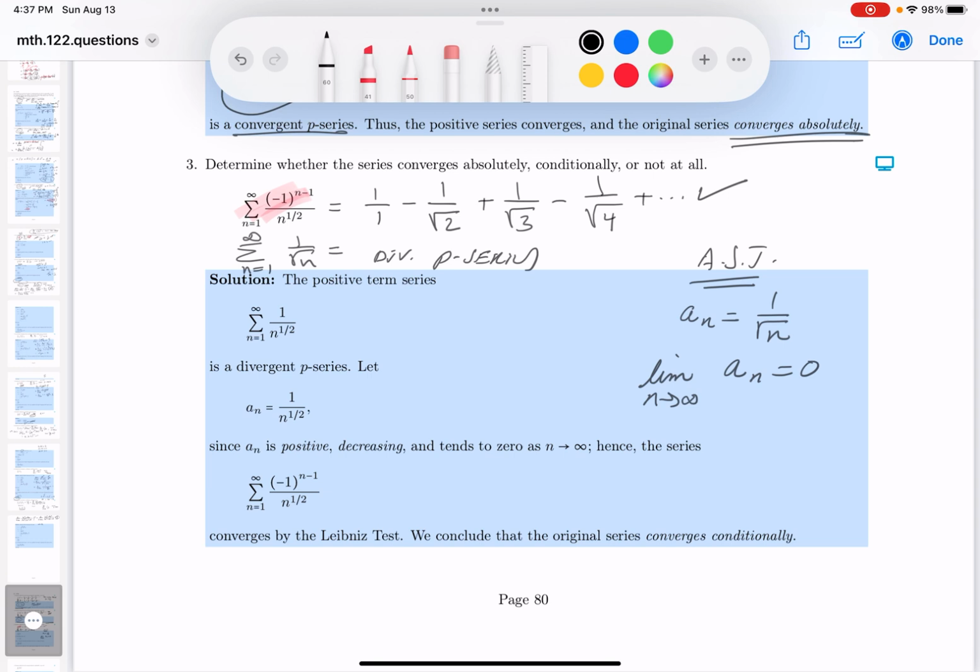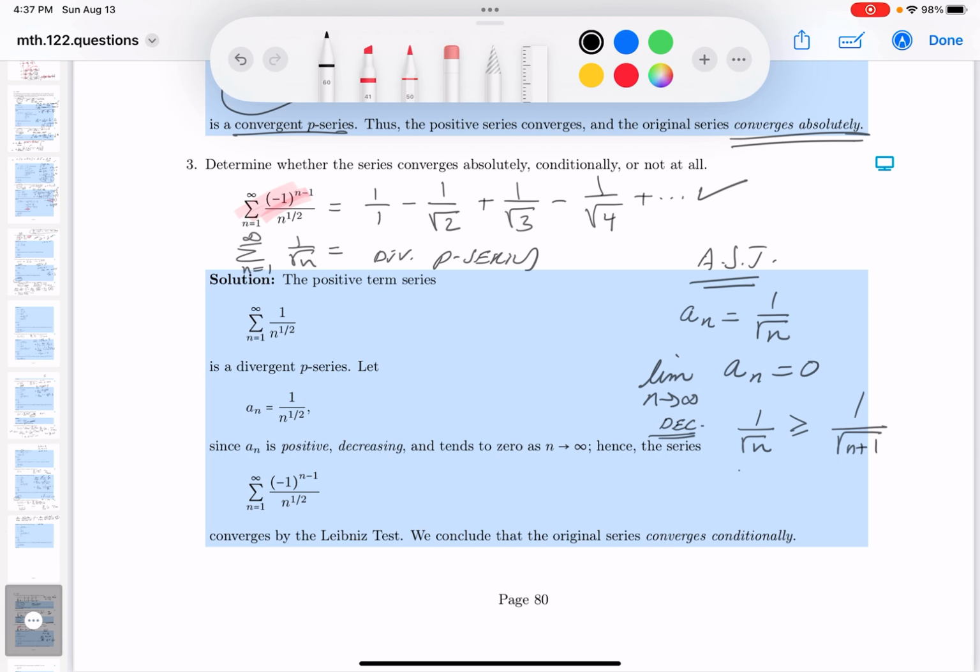The other thing is that it's decreasing. All right? So decreasing, let's take a look. Let's write this down. So 1 over root n, and I'm going to put 1 over root n plus 1. Now, if it's decreasing, I need to show this over here, all right? Let me see if I can do that.